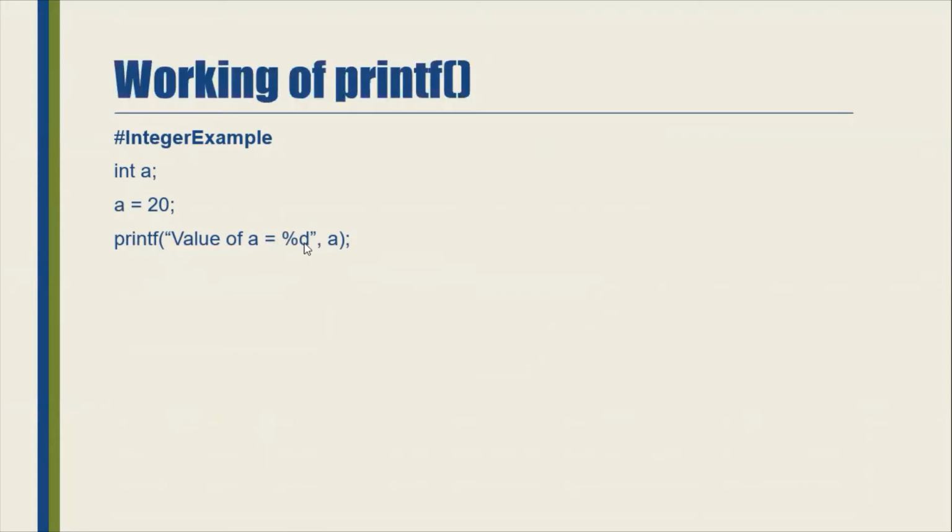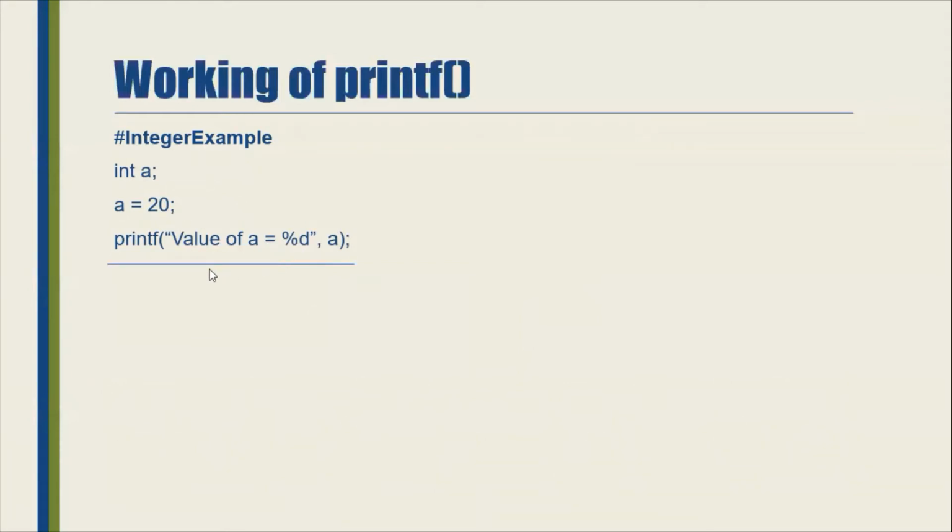Here d stands for decimal, so the compiler will know that it wants to print an integer value. So who is going to provide me the value? That is the variable a. Immediately after the double quotes we have a comma, and the first variable after the comma, the value will be taken from that variable and given here in %d. So you will get the output as value of a equals 20.